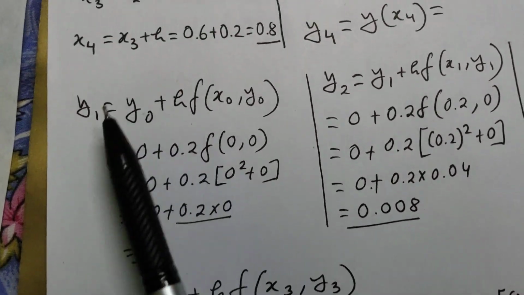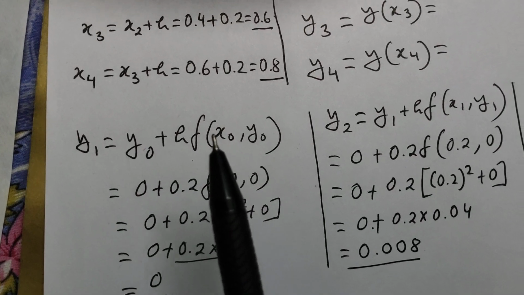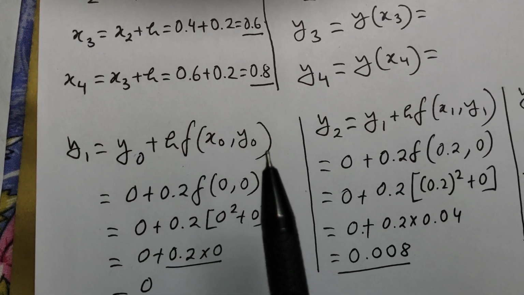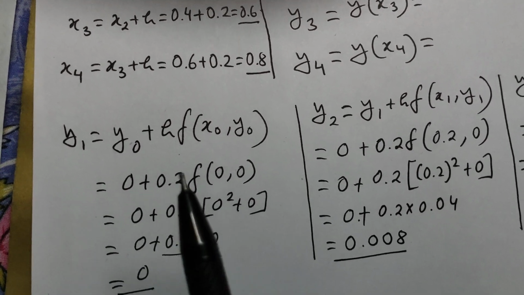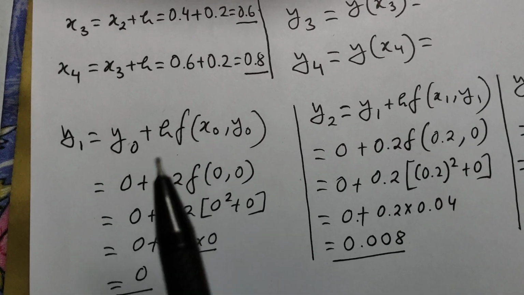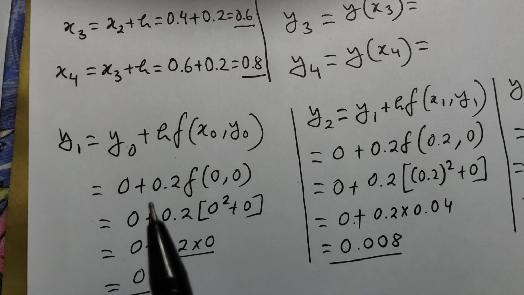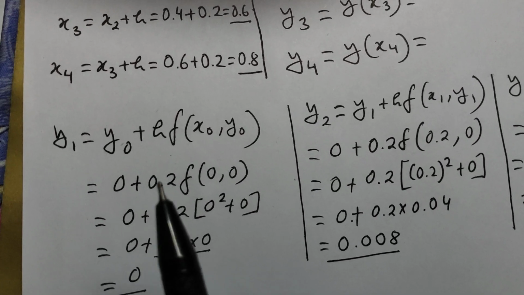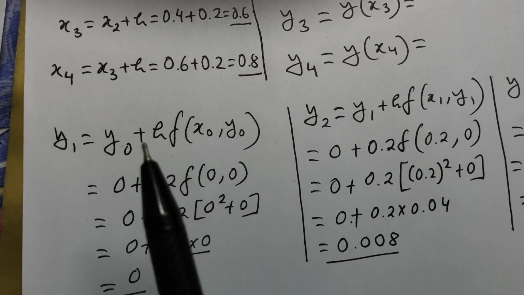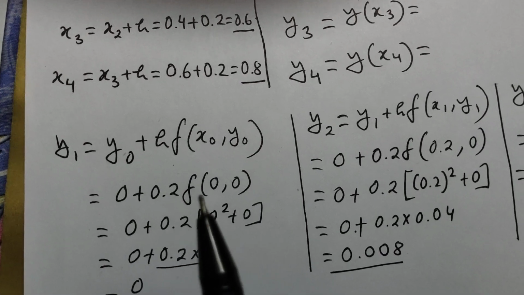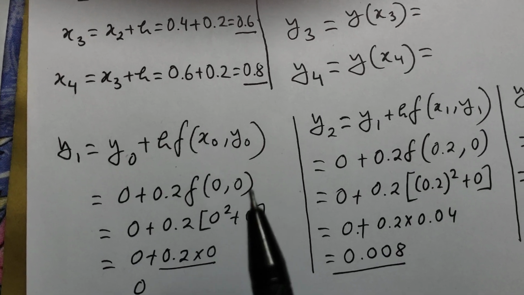So here y1 equals y0 plus h f(x0, y0) as per Euler's formula. And as we have got all the values for y0, x0 and h, we can easily calculate: y0 equals 0, h is 0.2, x0 is 0, y0 is 0.